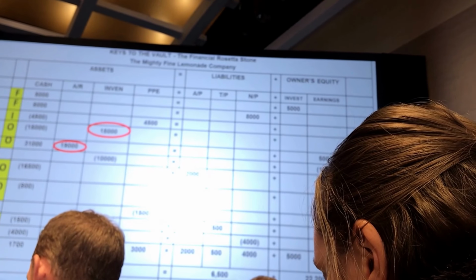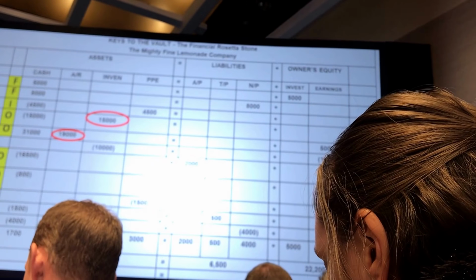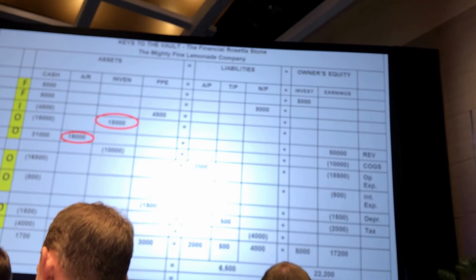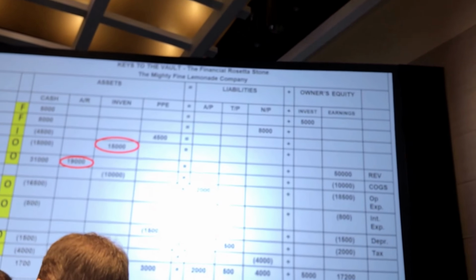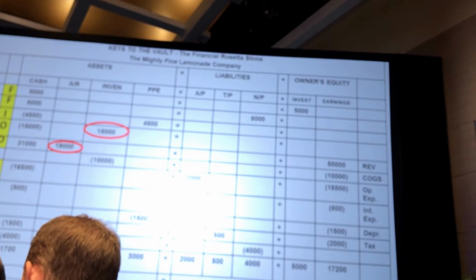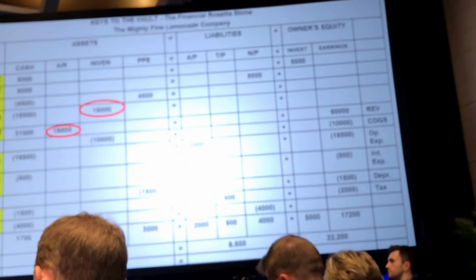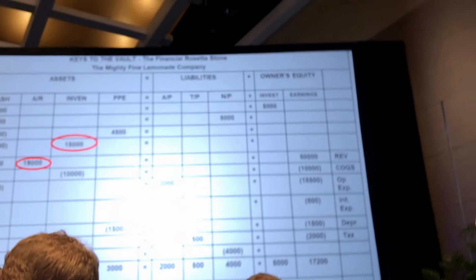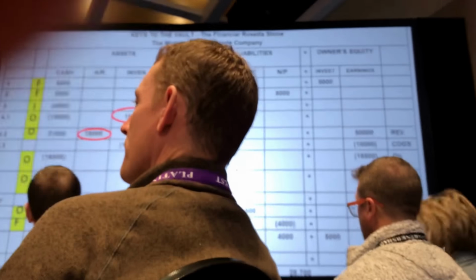When accounts payable go down, that's bad for cash. If your accounts payable from the beginning of the year to the end of the year go down, rest assured that's bad for cash. If your AR from the beginning of the year to the end of the year goes up, that's bad for cash. If your AR from the beginning of the year to the end of the year goes down, that's good for cash. Hello?